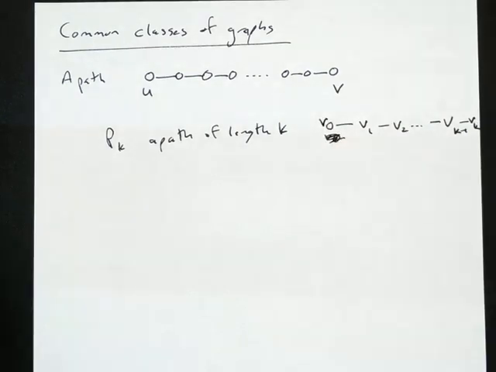There we go. I didn't write circles for all the little vertices. So no matter what path I'm talking about, this path has k edges. Path of length k, Pk. Each edge goes between sequential vertices, vi to vi plus 1. That's an edge.